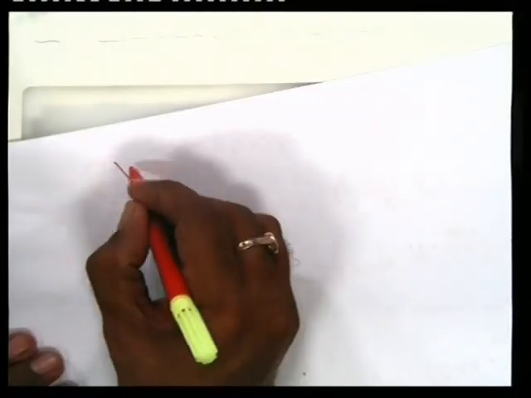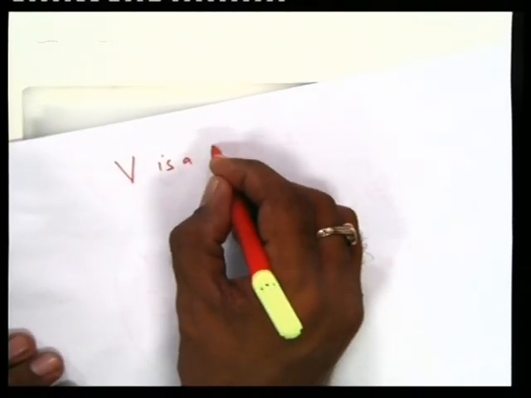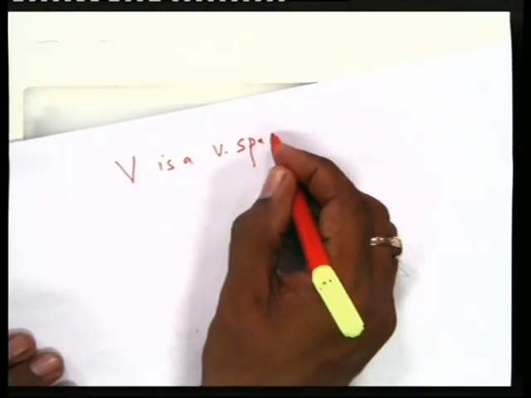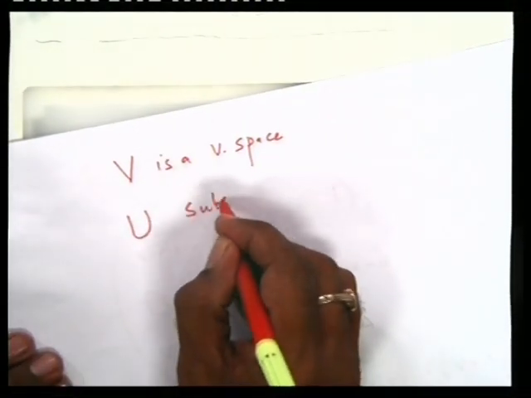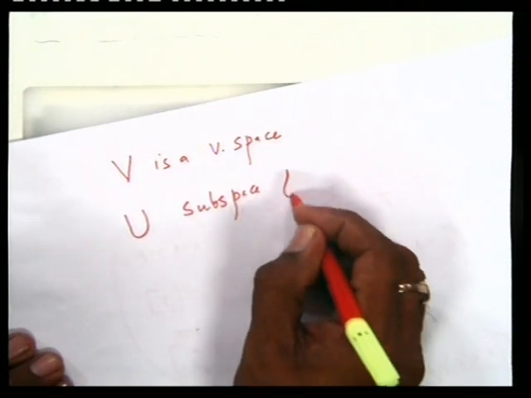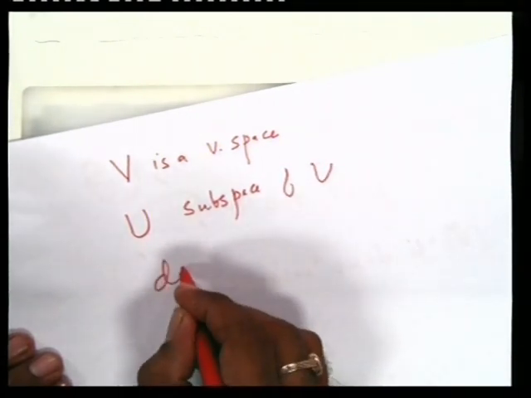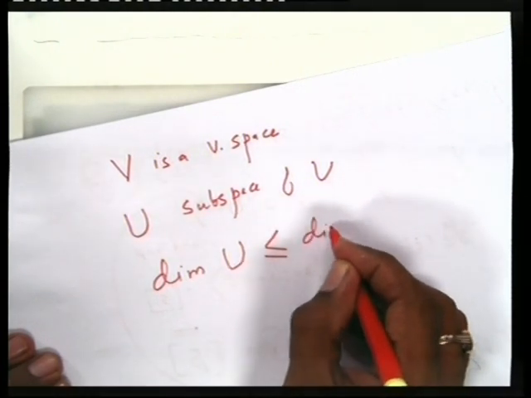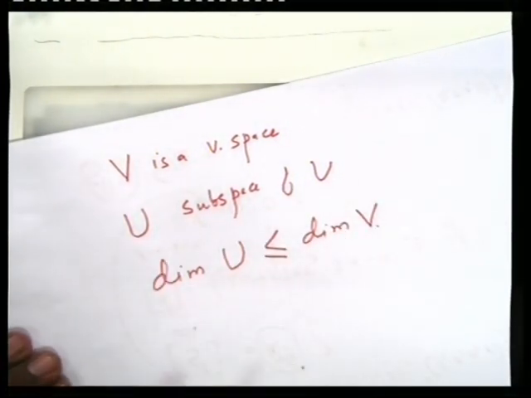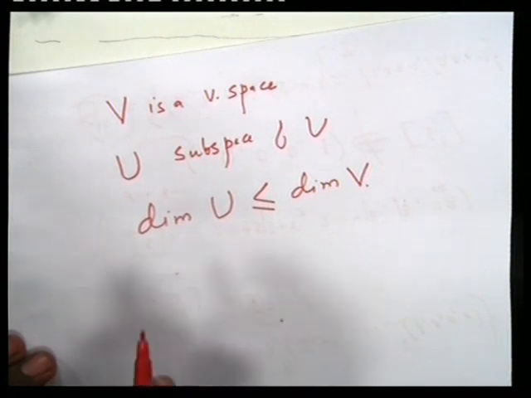Now, if V is a vector space and U is any subspace of the vector space, then the dimension of U will always be less than or equal to the dimension of V. This is very simple.